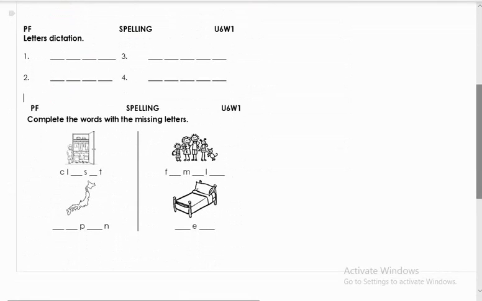Okay, and finally, in the spelling section, we have 4 words that are hidden. Okay, what we have to do is to find which vowels are hidden on each image, on each letter. Okay, for example, I'm going to give you a clue.